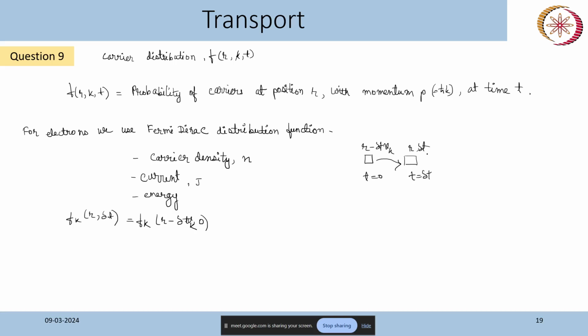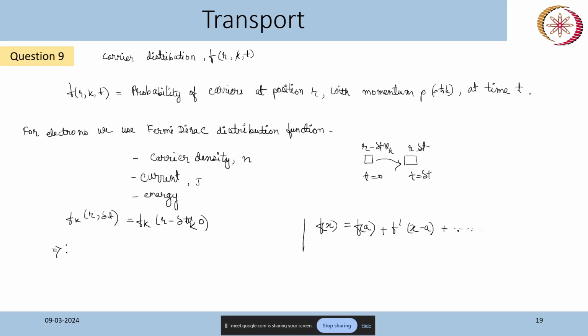We can write this as f(k, r, 0), and I'm doing the expansion in terms of time, so this is del f_k by del t, and x minus a will be our delta t.